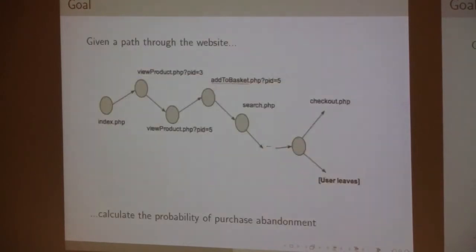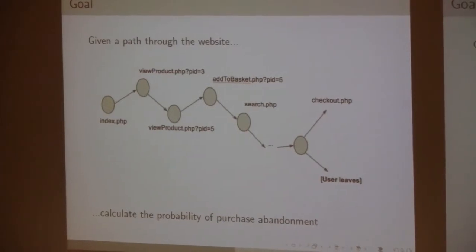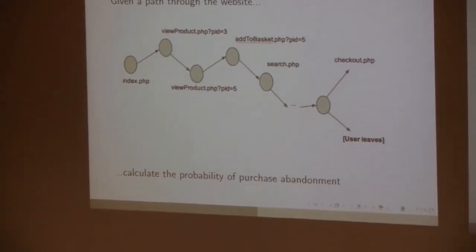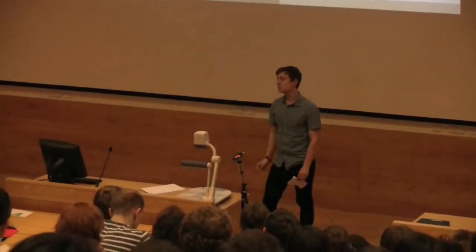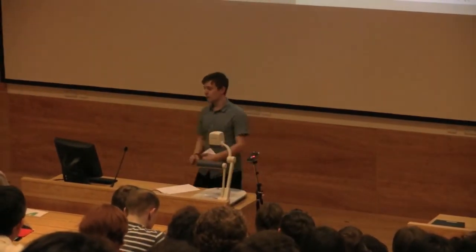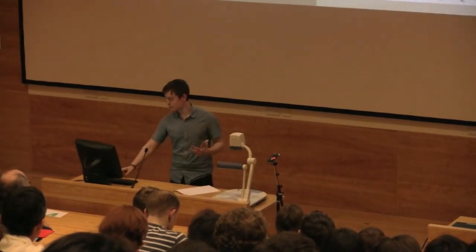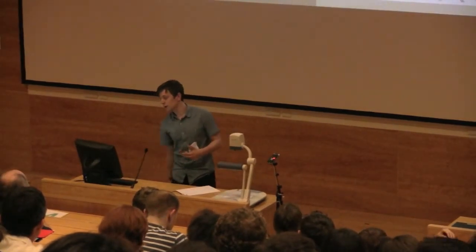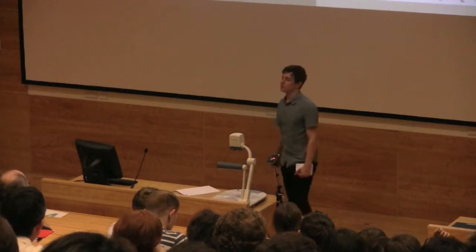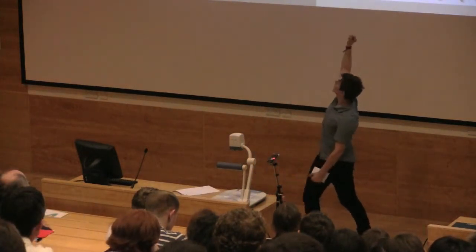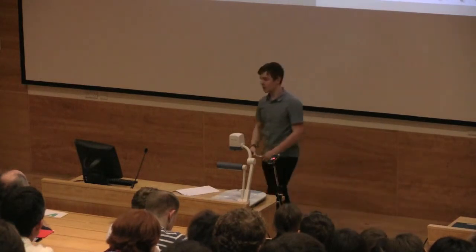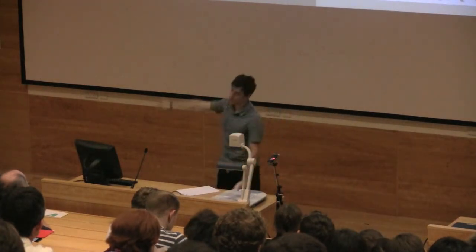And so the way we do this is looking at the path they take through our site. So looking at things like the URLs of different pages that they're going through. And we group different pages into categories. So, like we can see here that this person has started off at an index page and gone through 2 product pages, a basket page, and a search page, and that produces this string here.